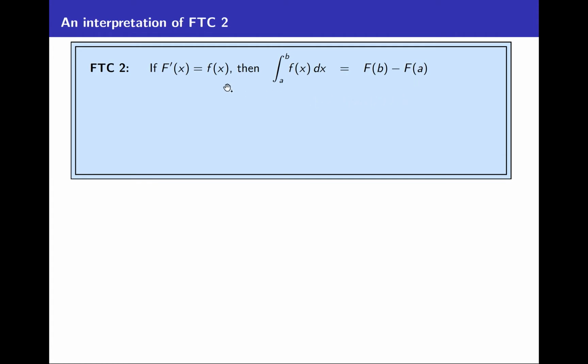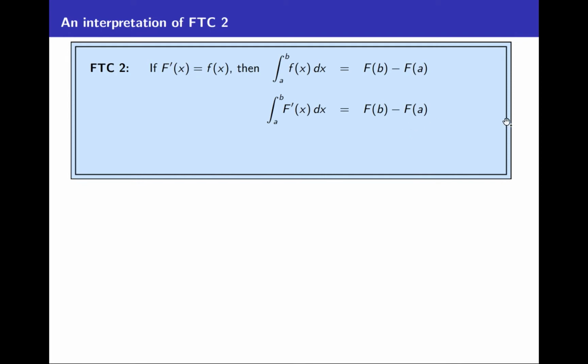In this statement, little f of x is equal to big F prime of x, so let me replace it with big F prime of x. And we get the integral from a to b of big F prime of x dx equals big F of b minus big F of a.